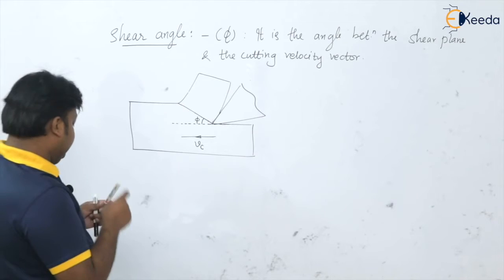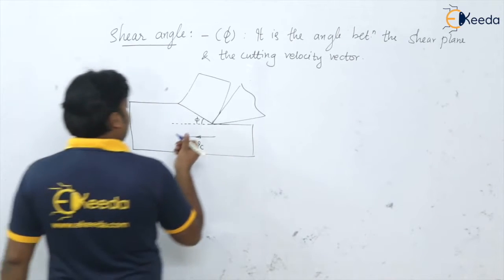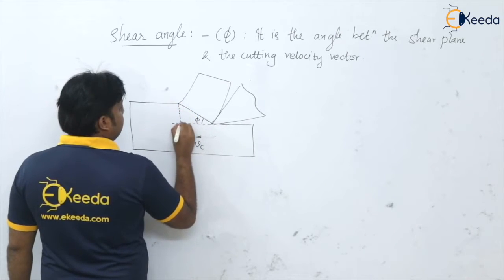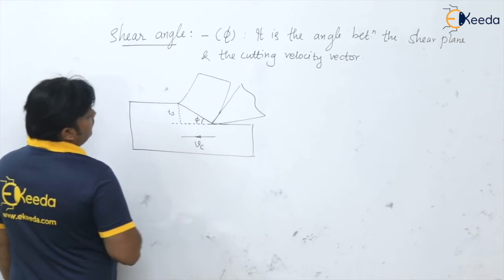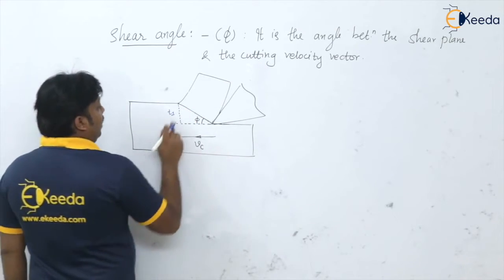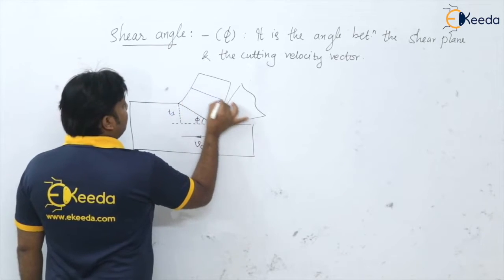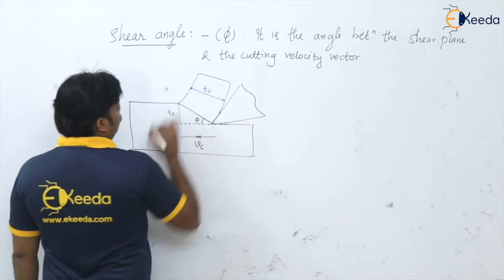Now let us see some important parameters here. This distance is our uncut chip thickness T1, or undeformed chip thickness, and this is our cut chip, which has thickness T2.